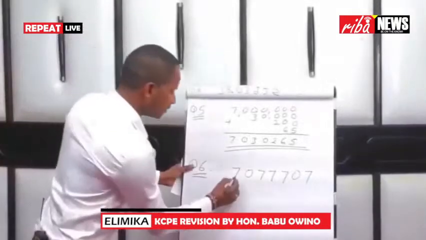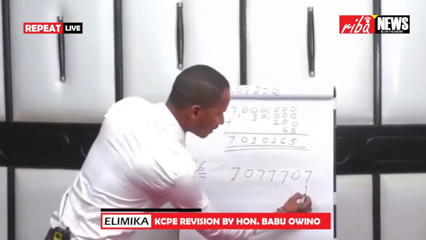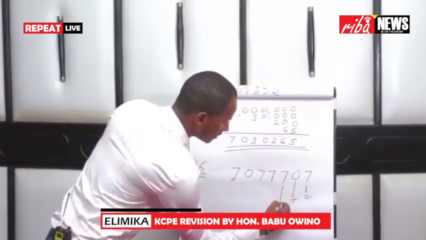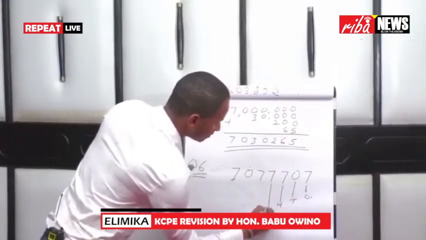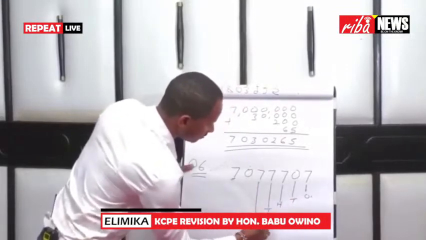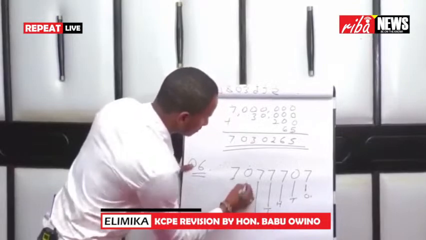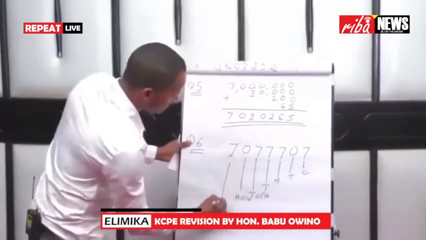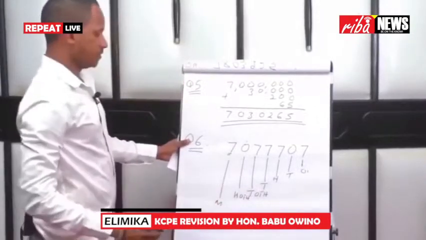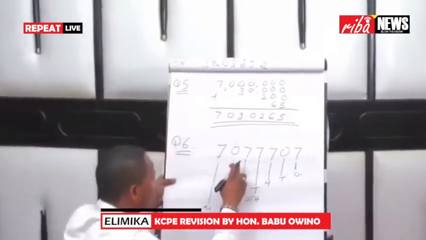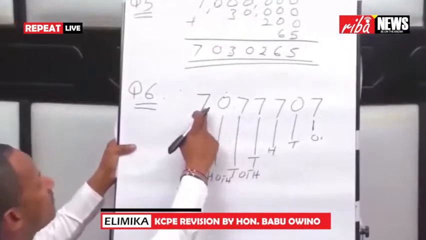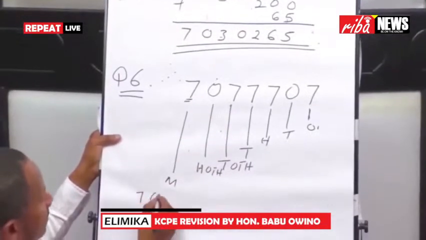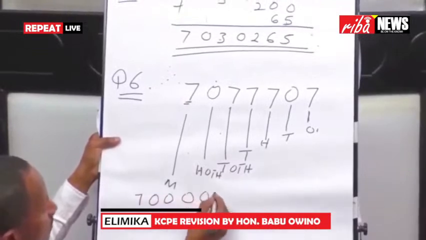The place value for 7 is ones, then tens, then hundreds, then thousands, then tens of thousands, then hundreds of thousands, then a million. So what do we write here, class? We have 7 million. 7 falls in millions, so we have 7. Then just write it like that.